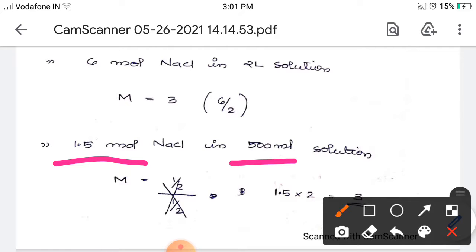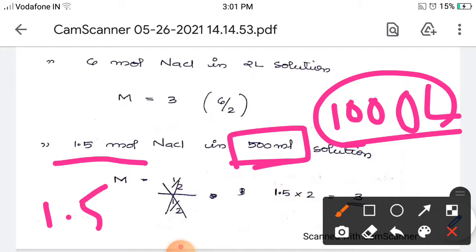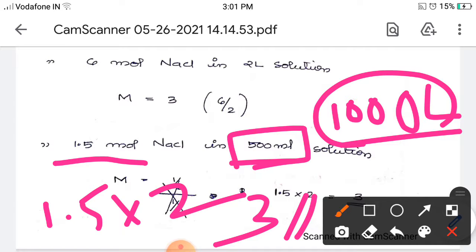Let's see. 1.5 moles of NaCl is present in 500 ml, and this can be converted to 1000 ml, that is 1 liter.